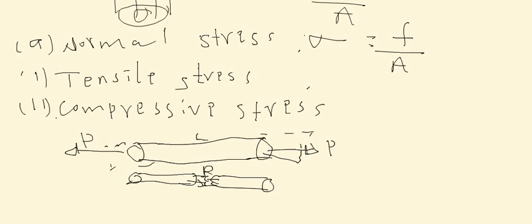So if here is L, then we have the new L. Therefore we can see that in this case the final length, let's call it L2, is greater than the original length L1 as a result of the tension in the member. Therefore in this case the extension is positive, that is, the extension L2 minus L1 is positive.